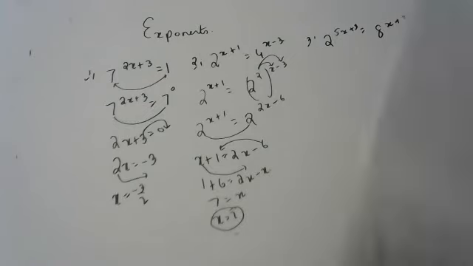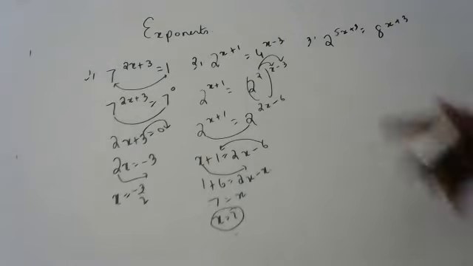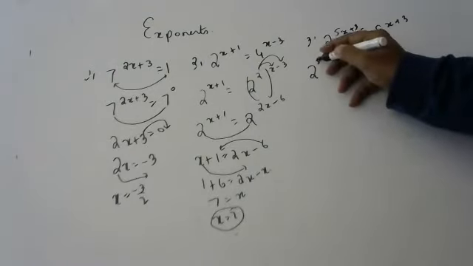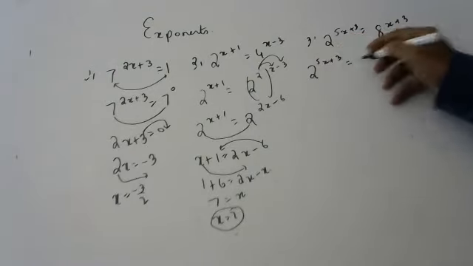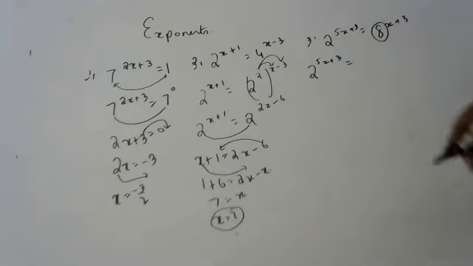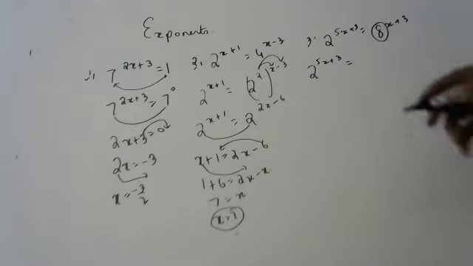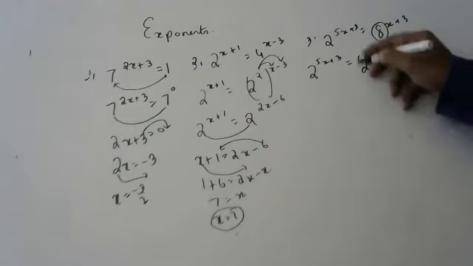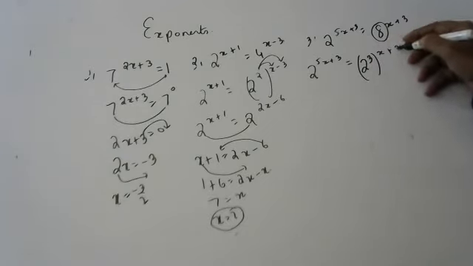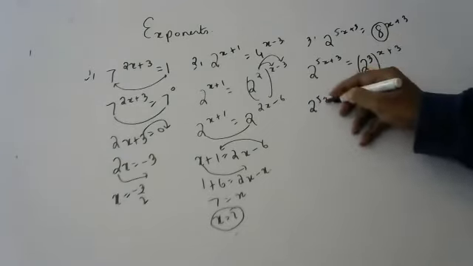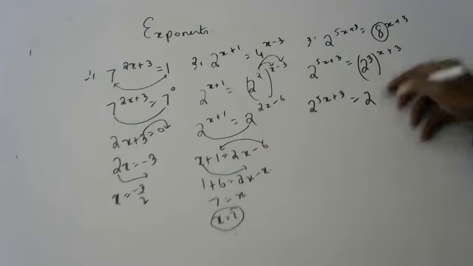I will ask some student. Ashit, can you tell how to do this sum? Yes, sir. 8 is equal to 2 cube. Very good. 2 cube whole to the power of x plus 3. So 2 to the power of 5x plus 3 is equal to, what can we write this as? 2 to the power of 3x plus 9.